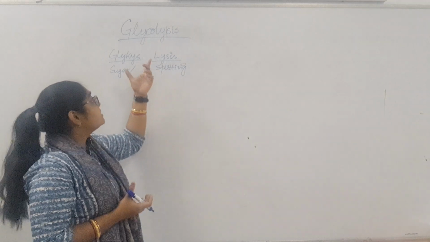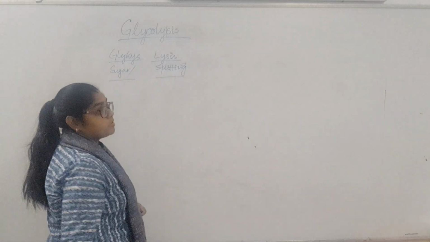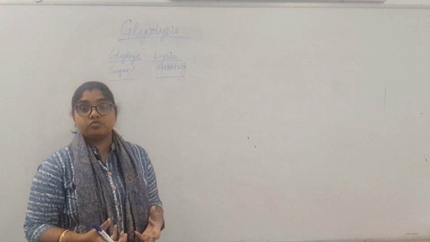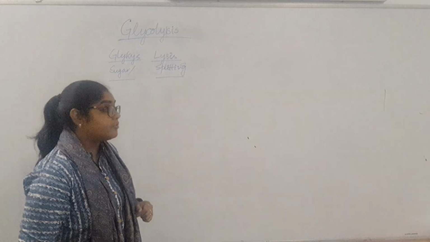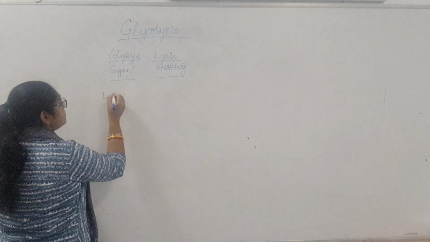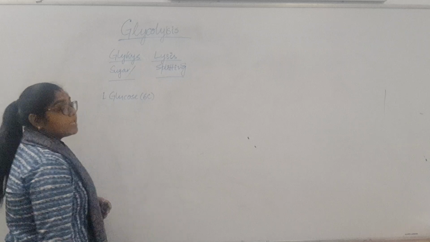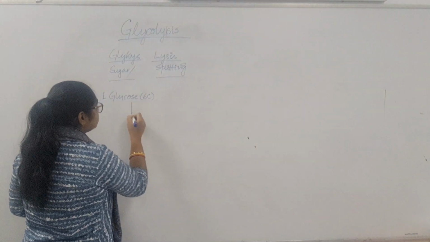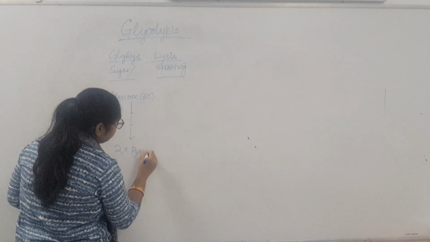As we understood from the word, glycolysis is a carbohydrate metabolism process. As I said, when food gets digested, it breaks down to carbohydrate, lipid and protein mostly. In glycolysis, one glucose molecule, a 6-carbon compound, converts to two molecules of pyruvate.